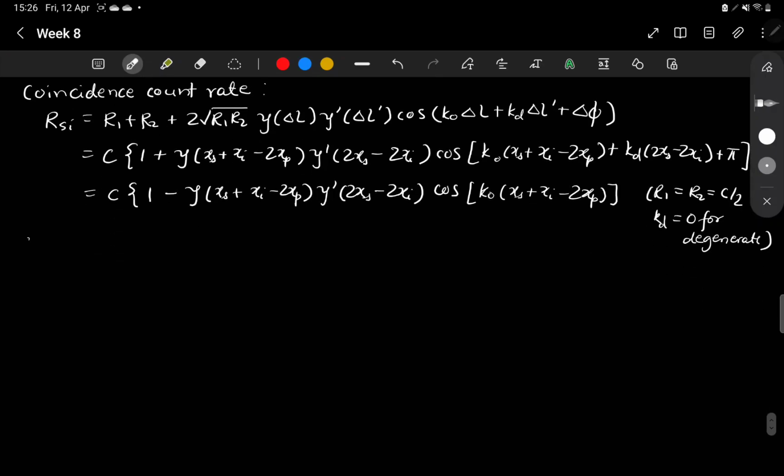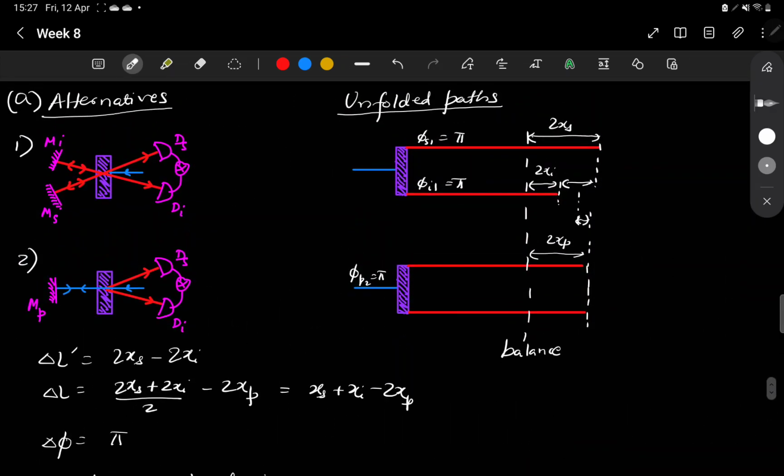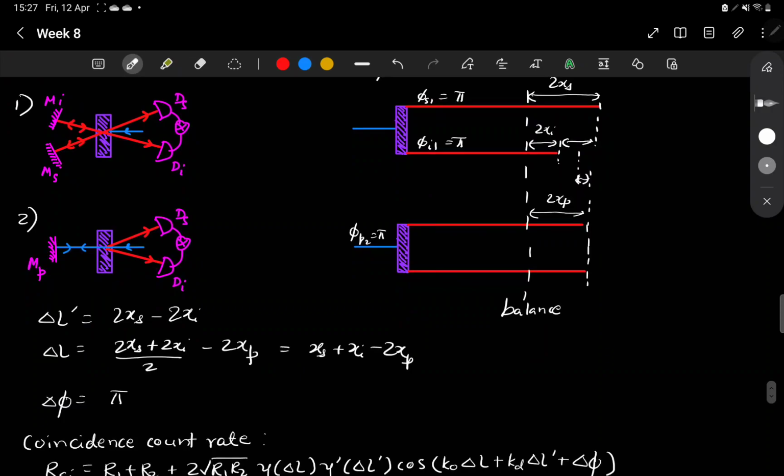Now one photon count rate. Now in this case, if one photon is coming at ds, then the other one will definitely be at di.